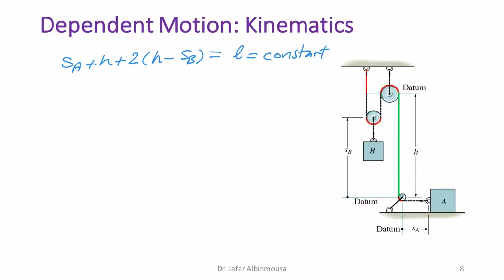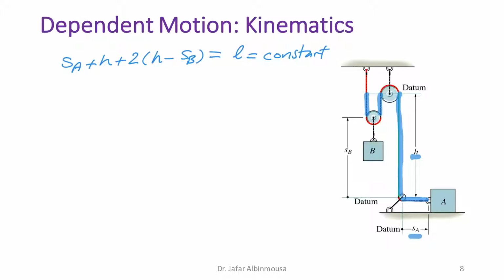Now, if you look carefully over here, we just want to add the different segments of the cord. So basically, this is one segment. This is another one. This is two segments. That's the length that we are calculating. And if you look carefully, this can be measured as SA.